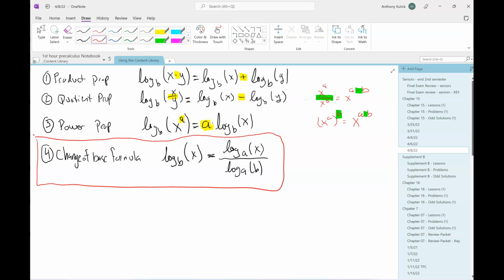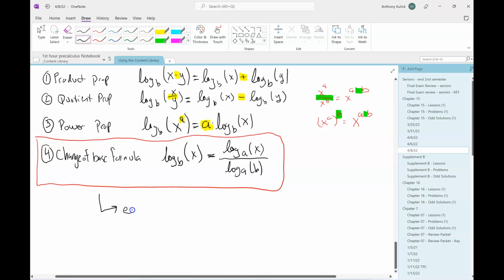This is not so useful to you guys now, but when I was in high school, this was a super important formula because our table of logarithms were all base 10 or base e logarithms. So if I wanted to do log base 2 of something, I had to rewrite that as all base 10 or all base e logarithms so I could look up the values off my table.